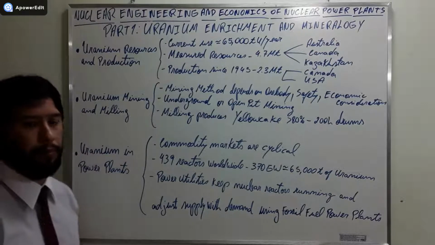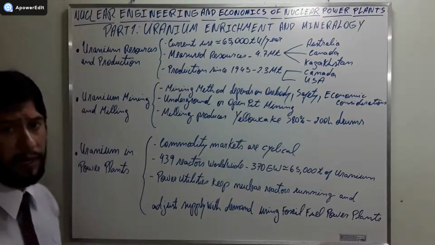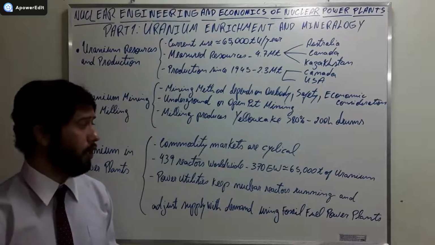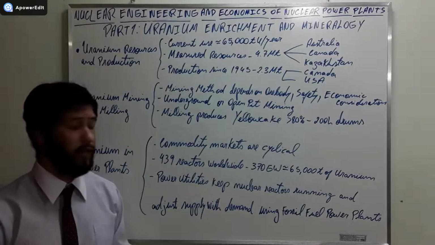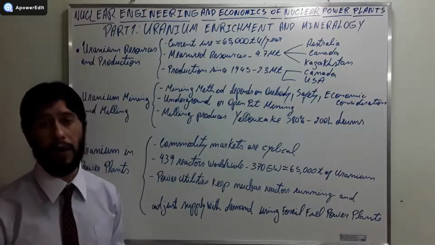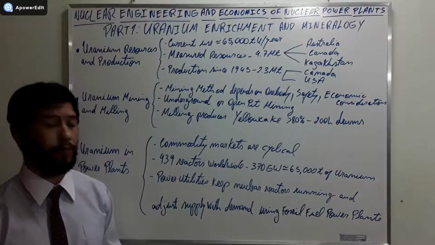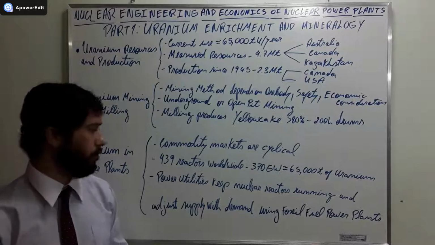Uranium in power plants. Commodity markets are cyclical. Prices tend to rise and fall periodically. In certain periods, mines operate profitably. In other periods, they don't.